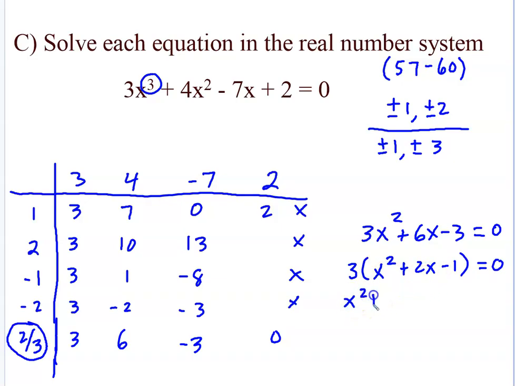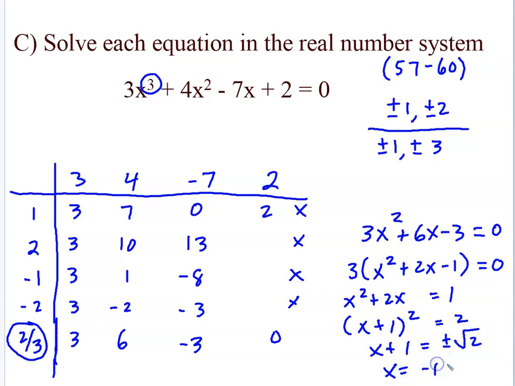So I'm going to add 1 to both sides to set up the completing the square process. So I divided by 2, and now I'm adding 1 to both sides, so that equals 2. x plus 1 equals plus or minus the square root of 2.